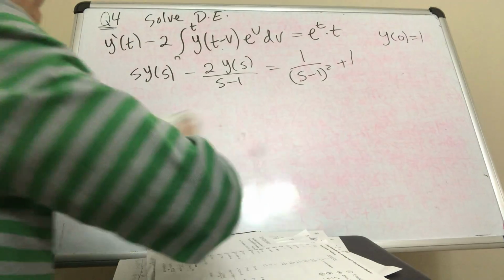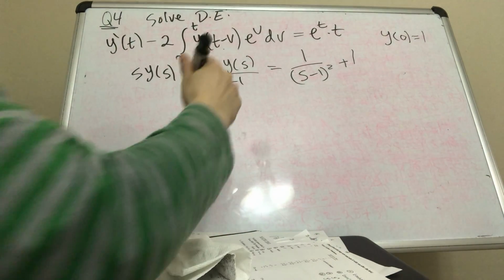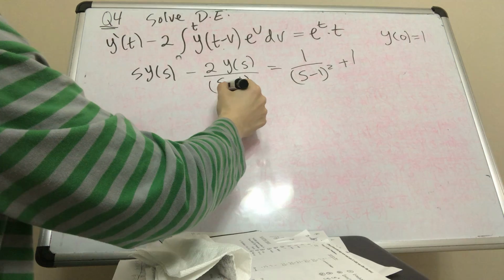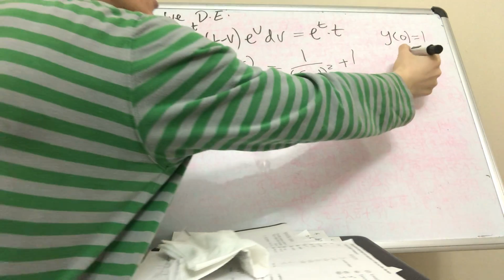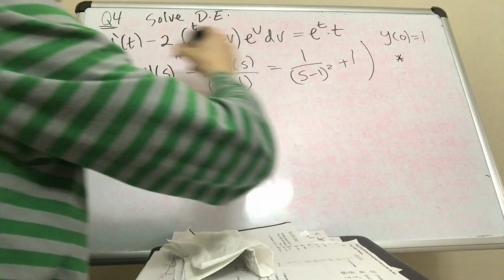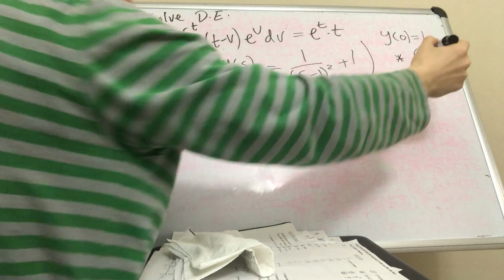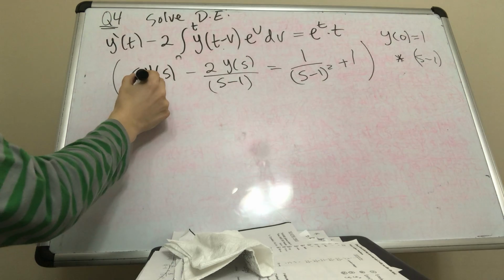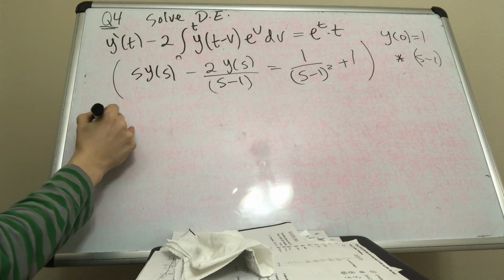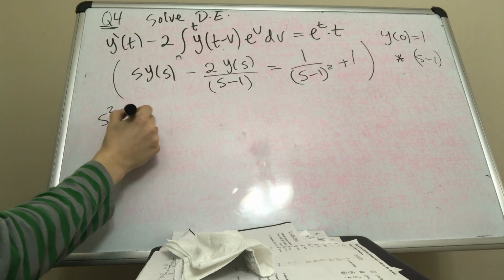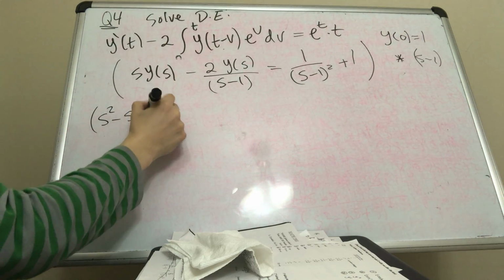Still, I need to get rid of s minus 1, so I'm going to multiply both sides of the equation by s minus 1. Here, this times s minus 1 becomes s squared minus s into y of s.